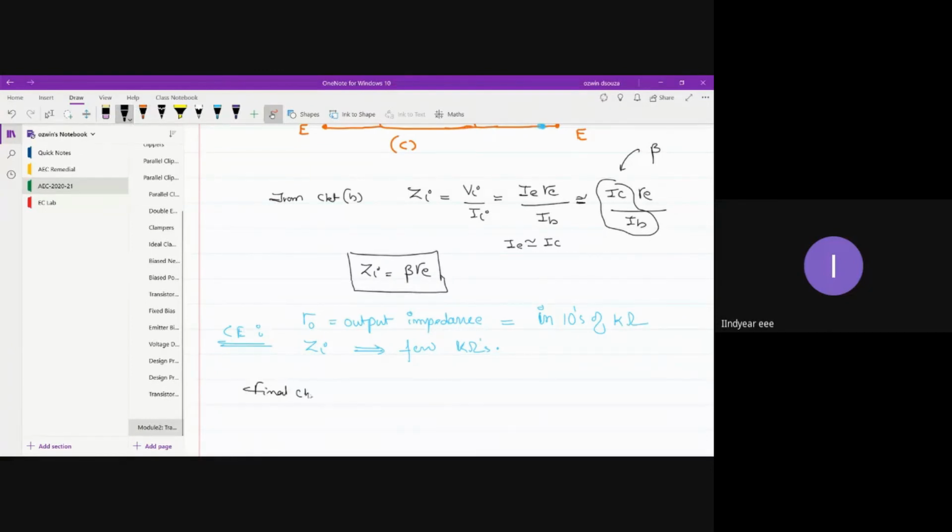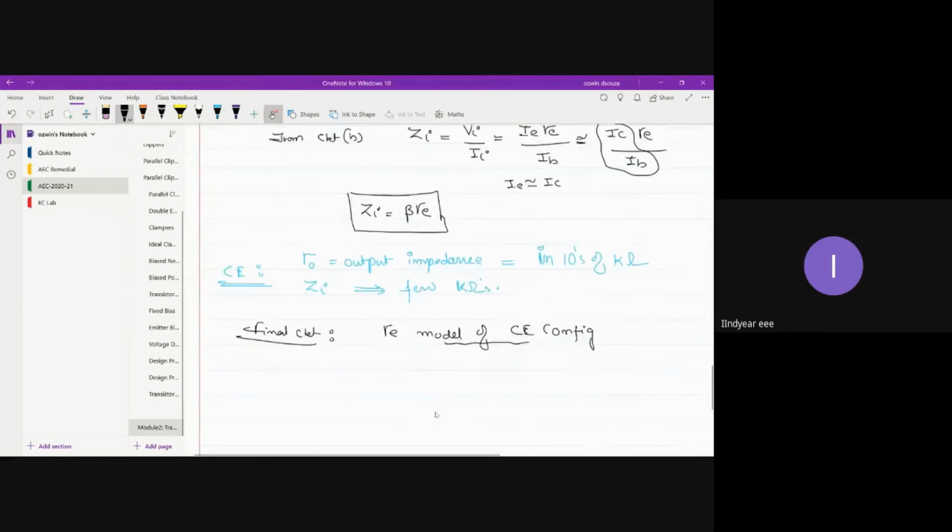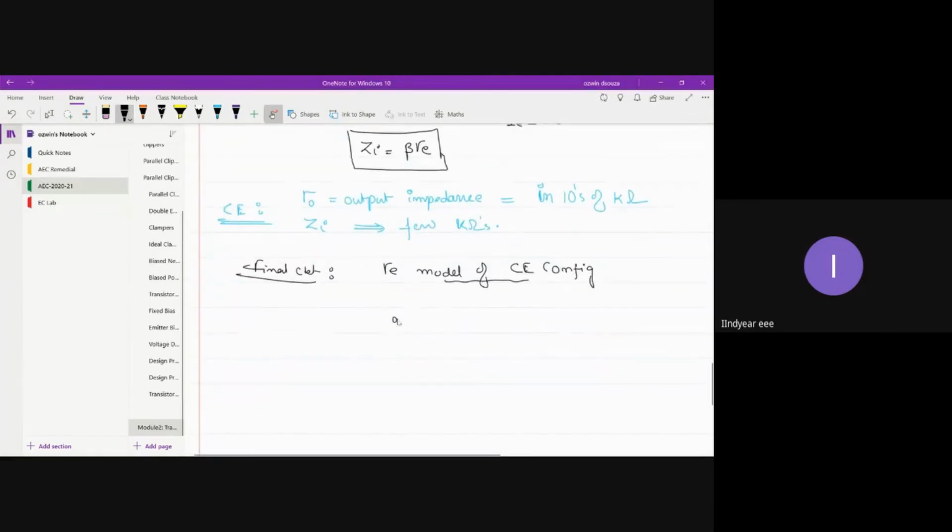Okay, common emitter configuration. Now let me write down the final circuit, a neat final RE model. So let me give the heading as RE model of CE config.